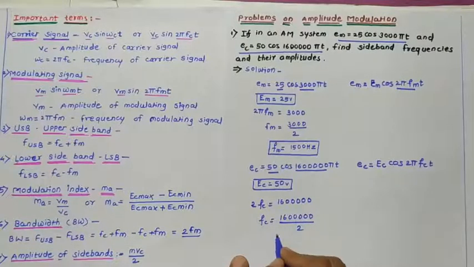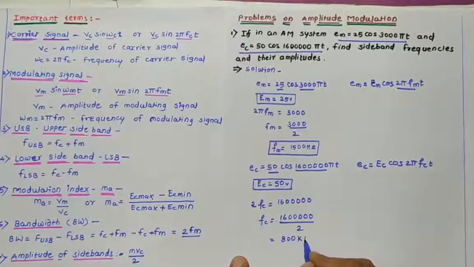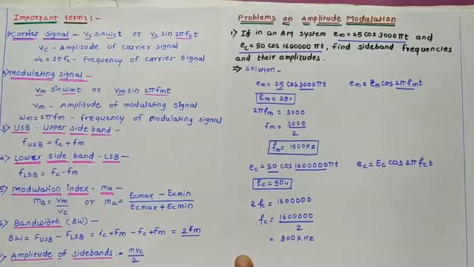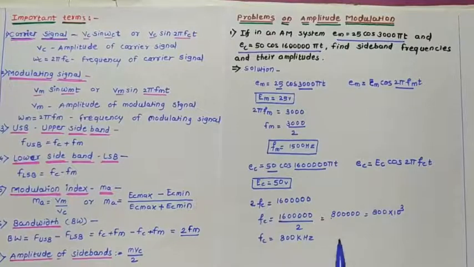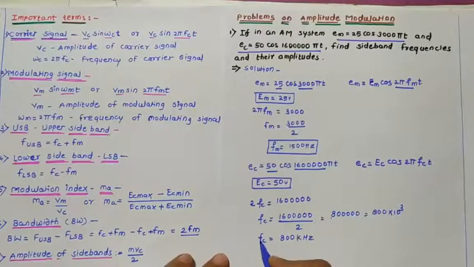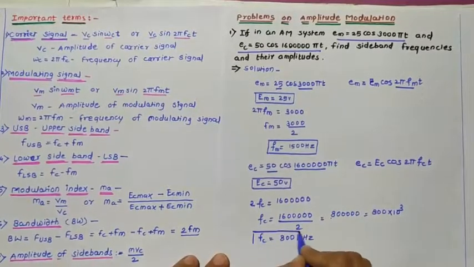So we'll get 800 kilohertz. Okay students, here dividing this 16 lakh by 2 we get 8 lakh, and this 8 lakh is converted into 800 kilohertz in this way. Okay students, so don't get confused. So this is FC.